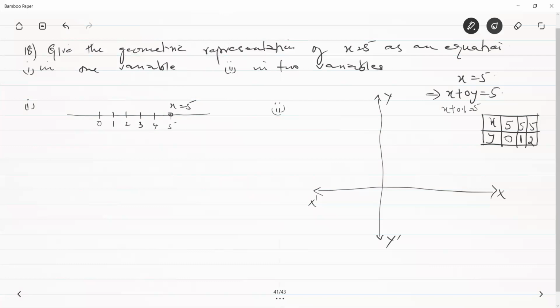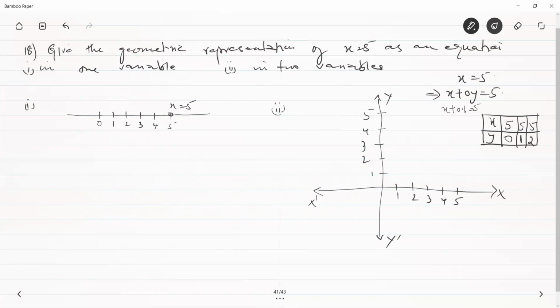So how do you plot this? 1, 2, 3, 4, 5. This is 5. For any value of y, your x will be 5.